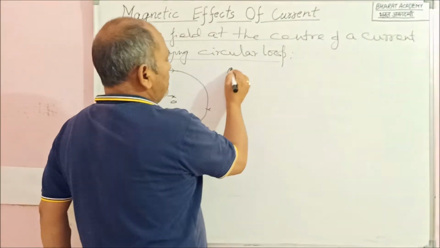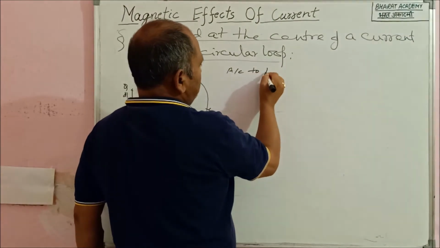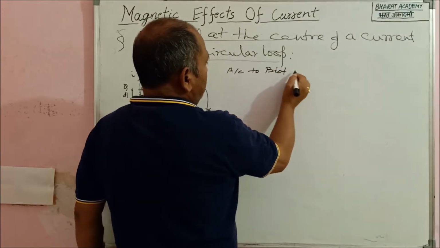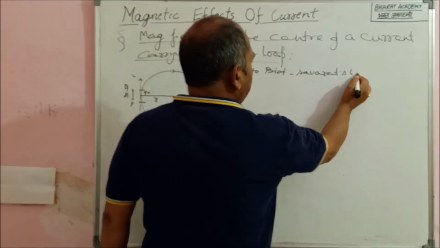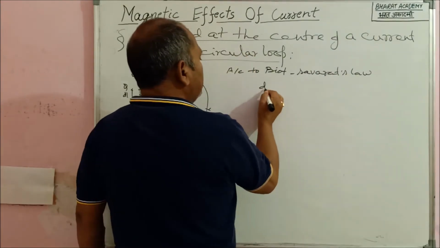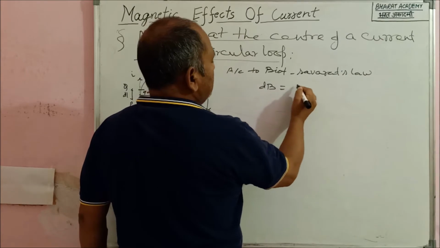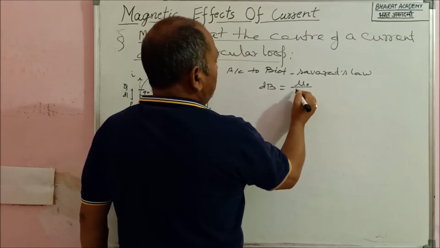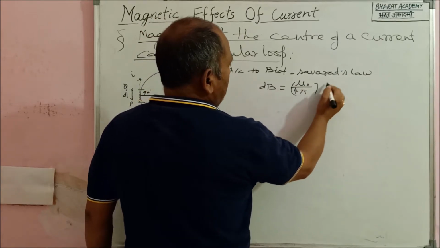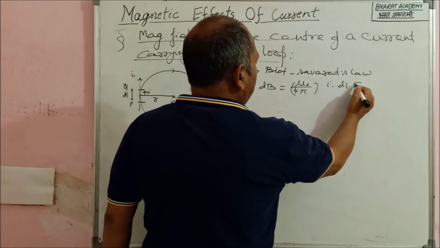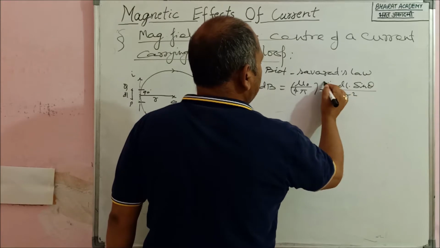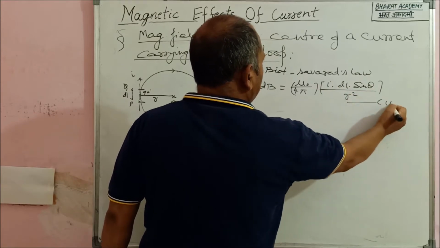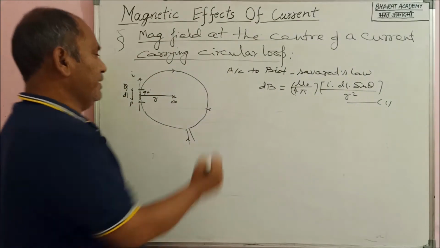According to Biot-Savart's law, what we have, the small magnetic field is mu 0 by 4 pi I dl sin theta by r square. That's what our law says, right?